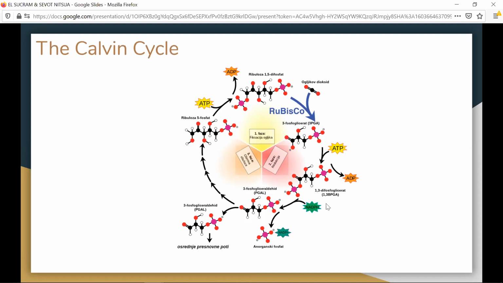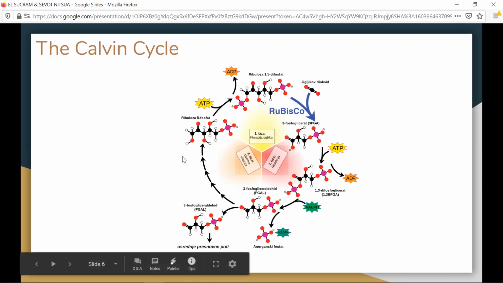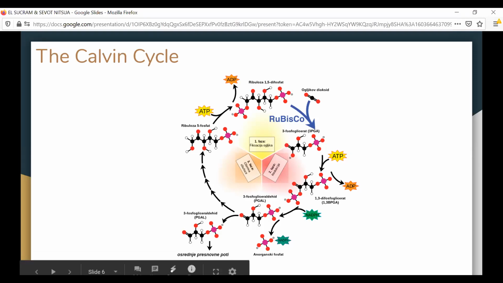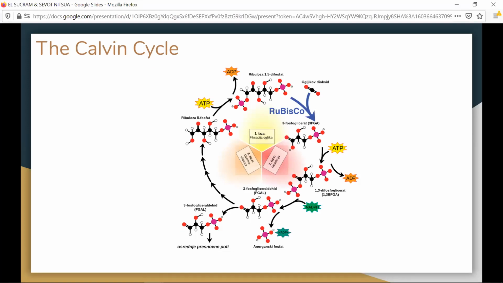It's a CH2O molecule, right? Only 1/6 of a glucose. And it can only do that because it only took in one carbon. But you see, it's a cycle. Well, now I got to remake my RuBP. And that is step 3 of the Calvin cycle. The Calvin cycle needs to regenerate its RuBP. So let's go back to the whiteboard.